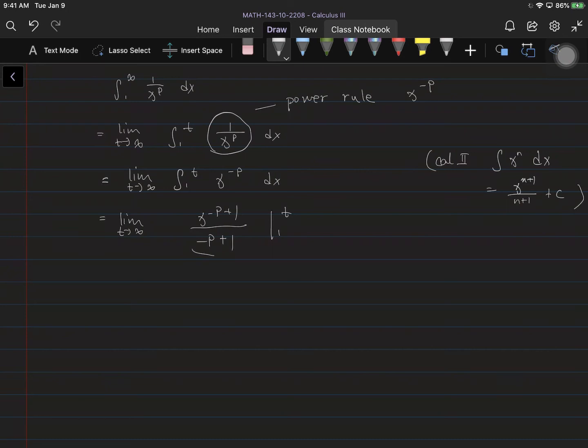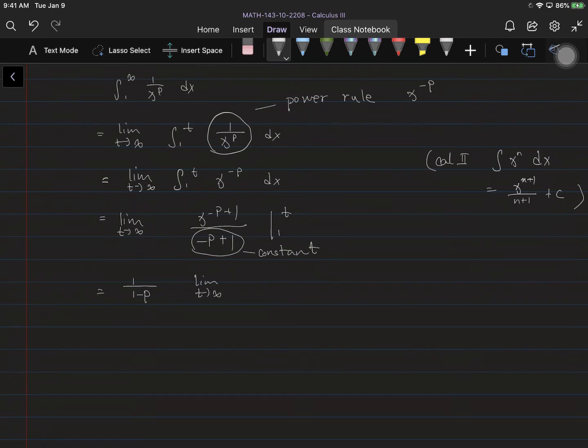Because 1 minus p, or negative p plus 1, is a constant with no x, I'm going to take this out of the limit to make the function easy: 1 over 1 minus p, and then the limit as t goes to infinity.